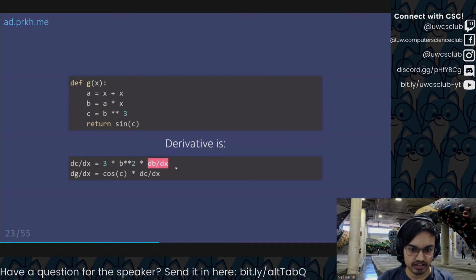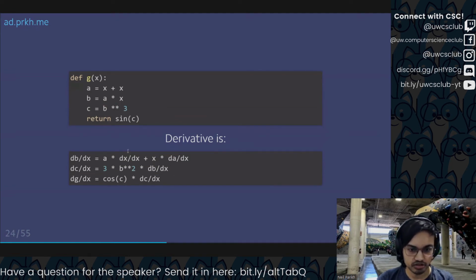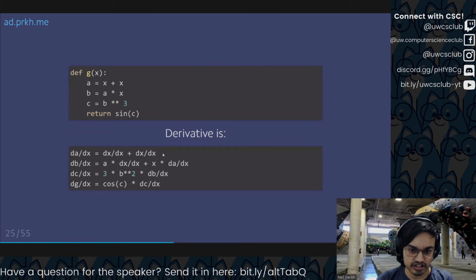So db/dx. What's the derivative db/dx? Well, that's just the multiplication rule: the first value times the derivative of the second, plus the second times the derivative of the first. And finally, you need da/dx, and da/dx is just dx/dx plus dx/dx right here. Pretty straightforward.